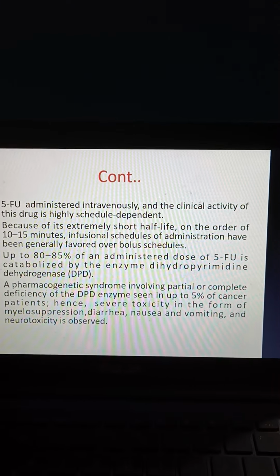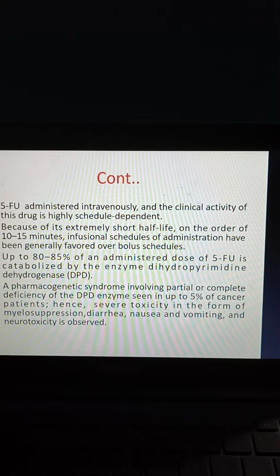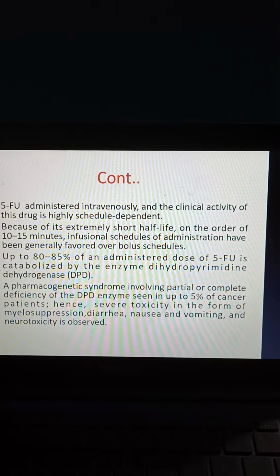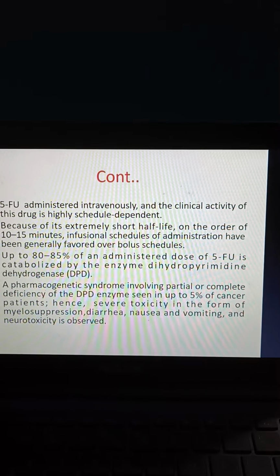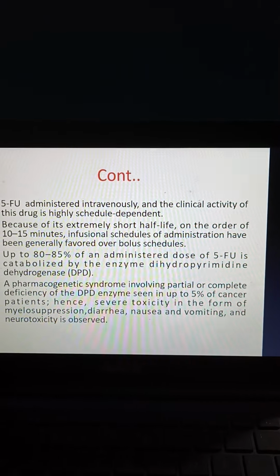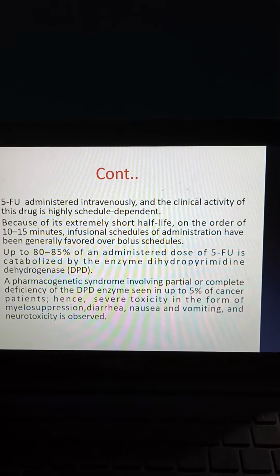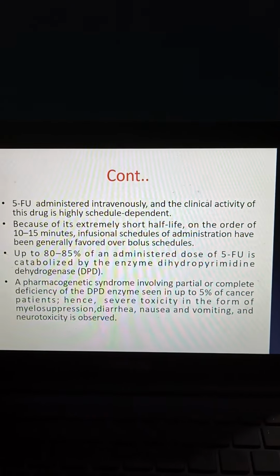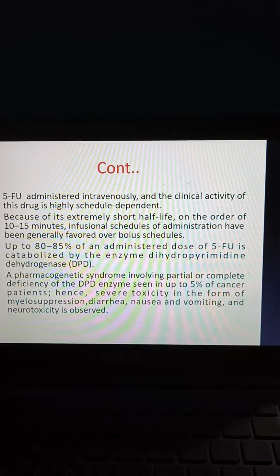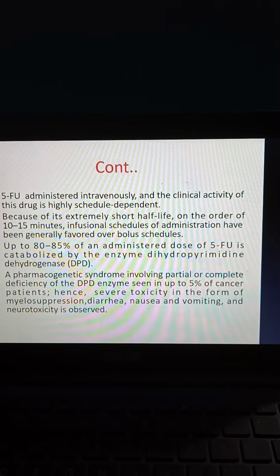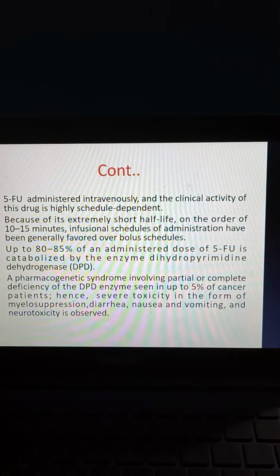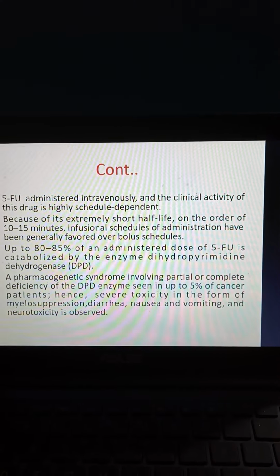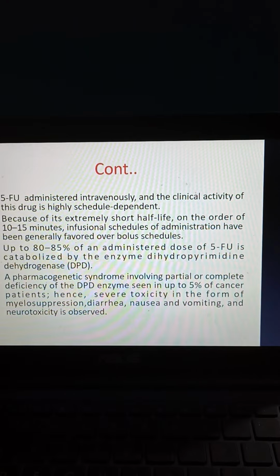Up to 80 to 85% of an administered dose of 5-FU is catabolized by the enzyme dihydropyrimidine dehydrogenase, DPD. A pharmacogenetic syndrome involving partial or complete deficiency of the DPD enzyme is seen in up to 5% of cancer patients. Hence, severe toxicity in the form of myelosuppression, diarrhea, nausea and vomiting, and neurotoxicity is observed.